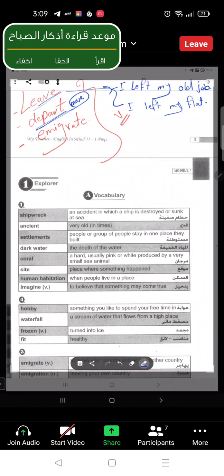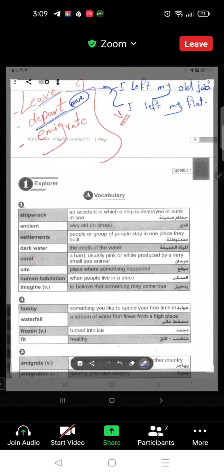Let's move to the third word. Emigrate. Emigrate means to leave your country and move to another country. So, look at this example. Ali emigrates to America. So, this means that nowadays Ali left Egypt, okay?